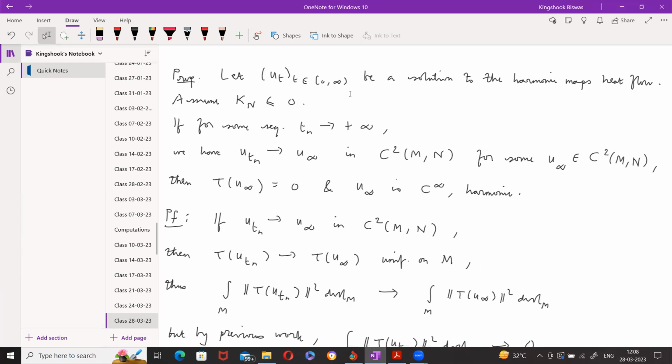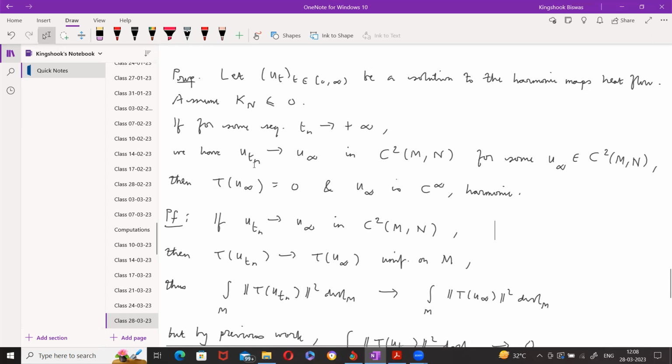That will take some work. But once you've shown that, the main point is to show that you have a subsequence like this which converges in C2 norm.